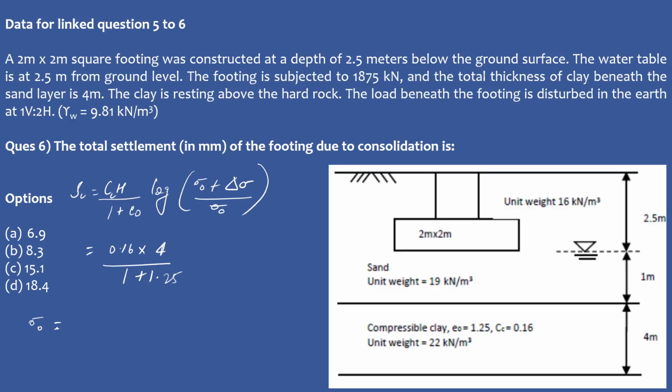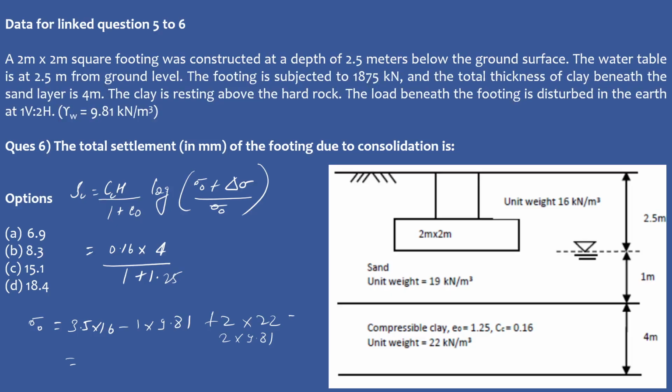Now calculating your sigma naught at the middle of the clay layer. It's 3.5 into 16, minus 1 into 9.81, minus 2 into, plus 2 into 22, minus 2 into 9.8.